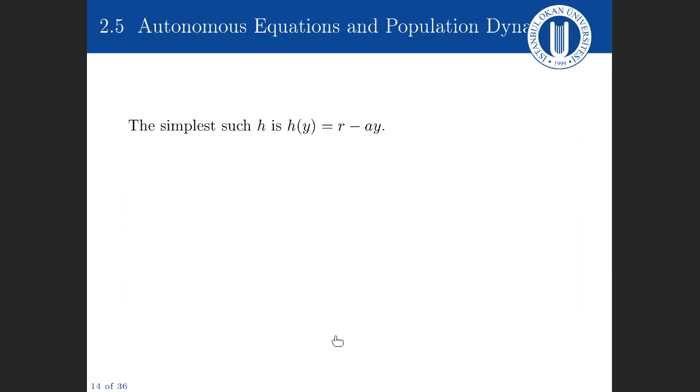The simplest such function would be h of y equal to r minus ay. If y is very small, then h of y is approximately equal to r. As y gets bigger, h gets smaller. We have a graph which looks something like this.